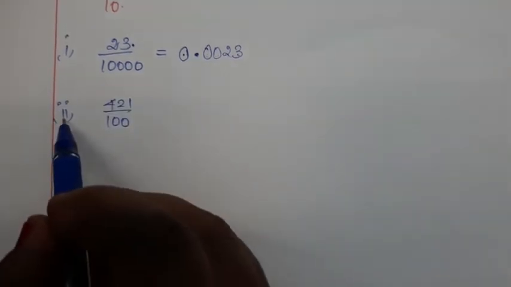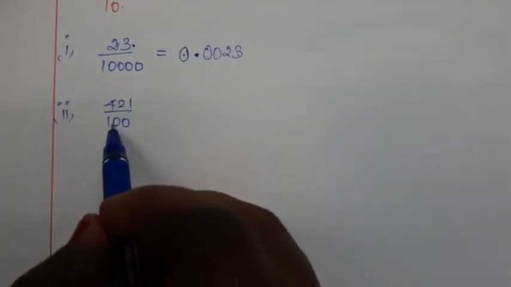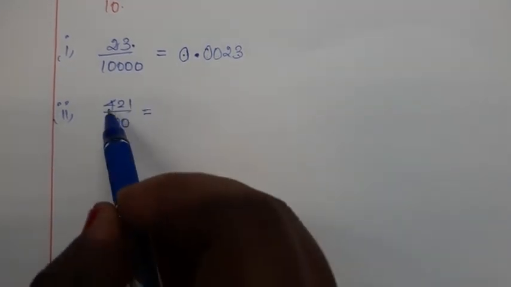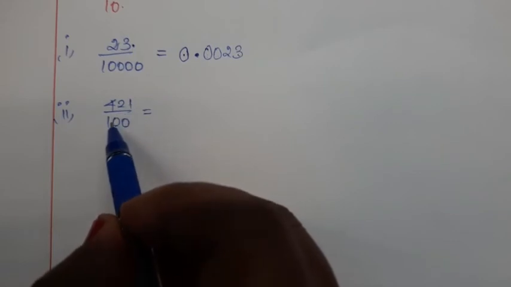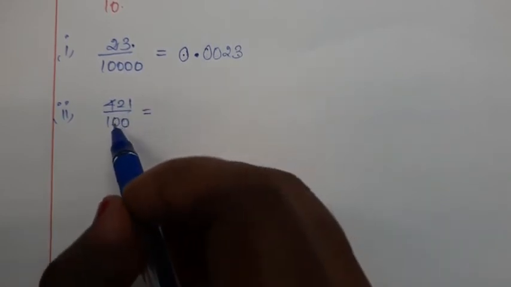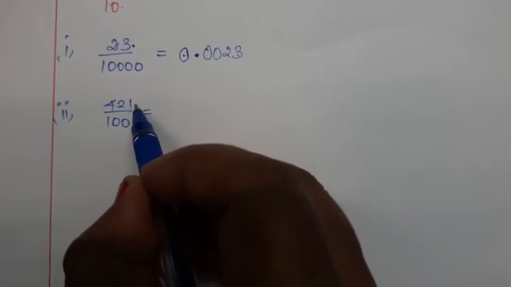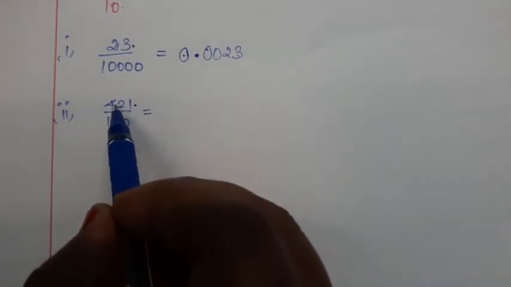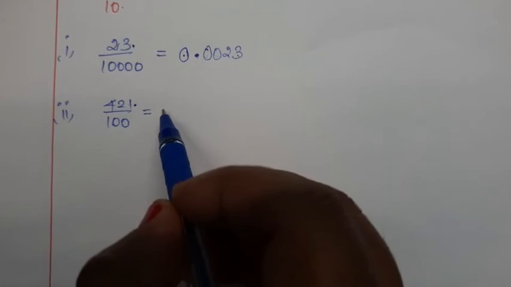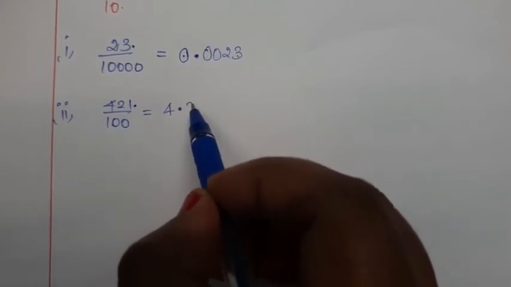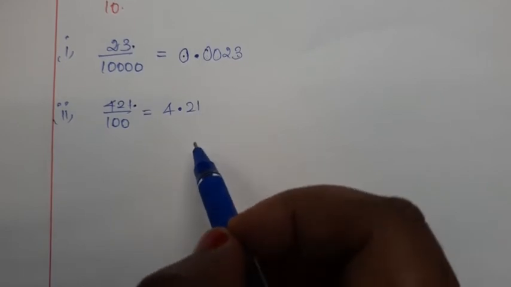Next, subdivision 2, 421 divided by 100, which is equal to, dividing 421 by 100. Here in the denominator we have 2 zeros, so we should move the decimal point 2 digits leftward. So we should write 4.21 as the answer.